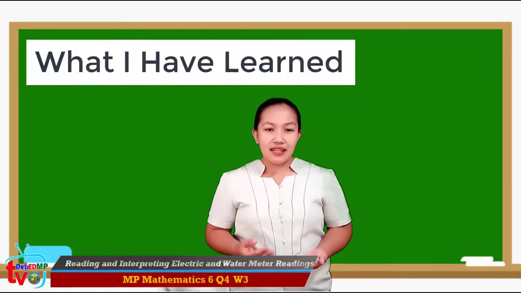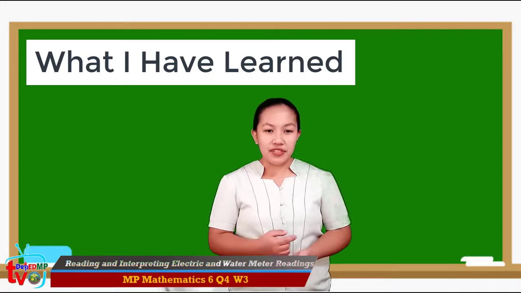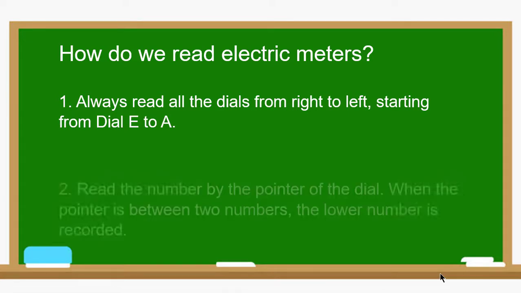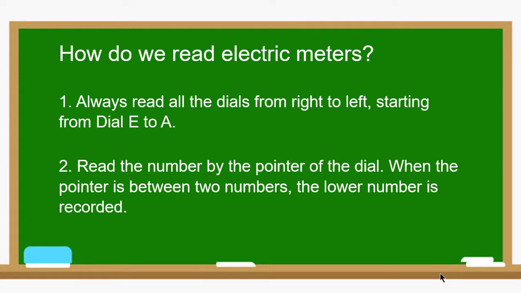Next, let's check what you have learned. How do we read electric meters? Number 1. Always read all the dials from right to left, starting from dial E to dial A. Number 2. Read the number by the pointer of the dial. When the pointer is between two numbers, the lower number is recorded.